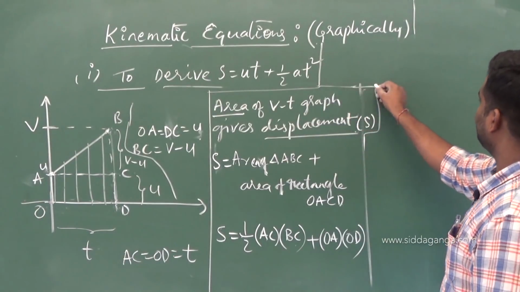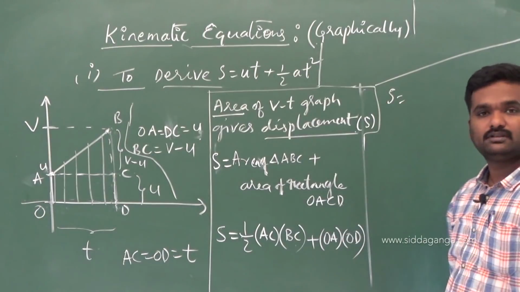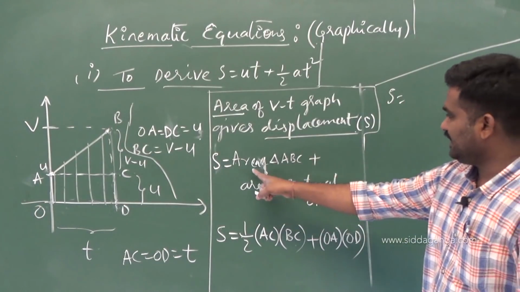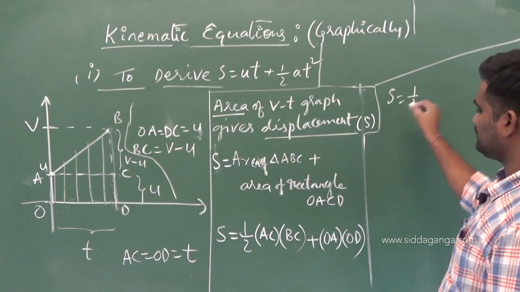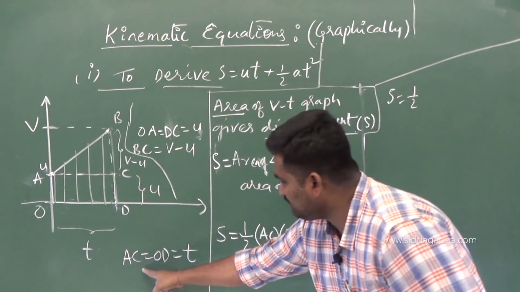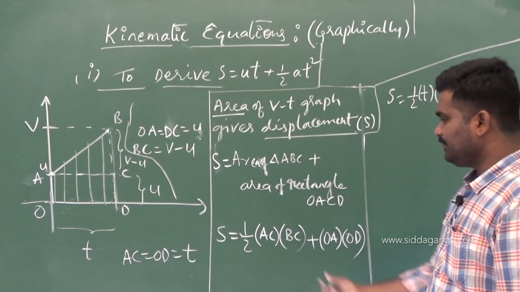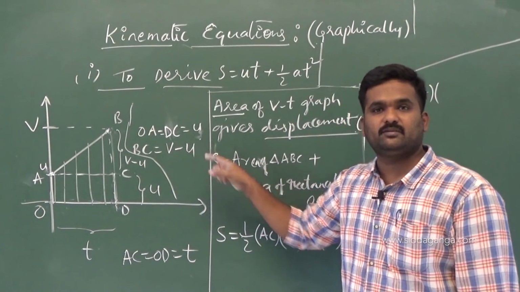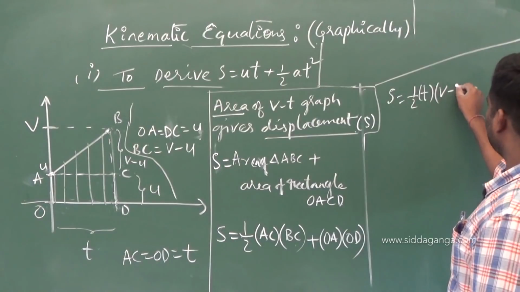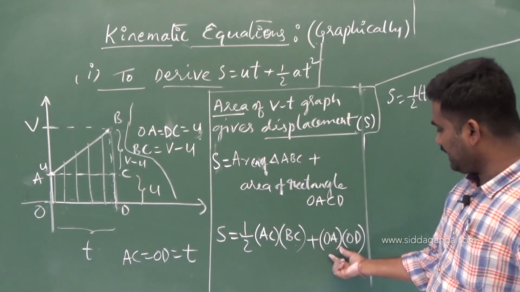Displacement S will be equal to the area of this triangle, half into AC into BC, that we have written. What is the value of AC? AC value is nothing but T. Half into T into BC, and BC we have written as V minus U. So this is half into T into V minus U, plus once again OA into OD.